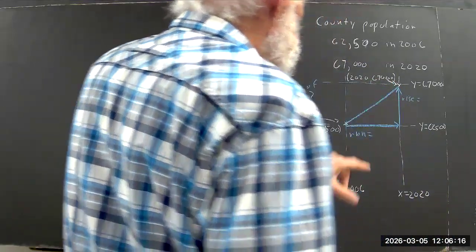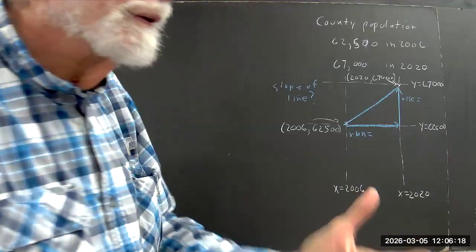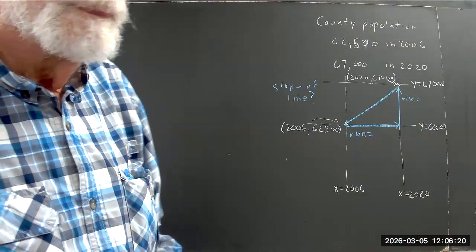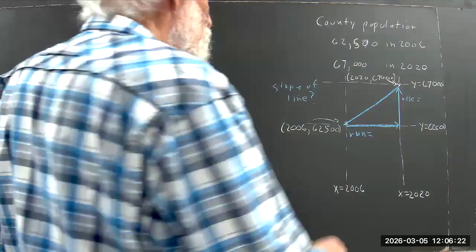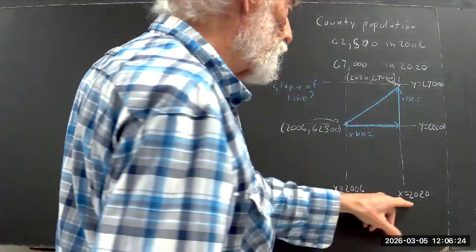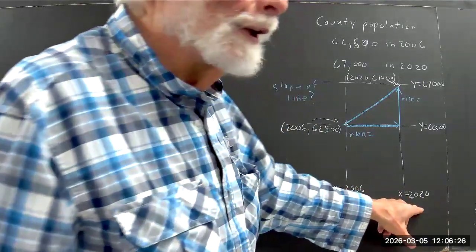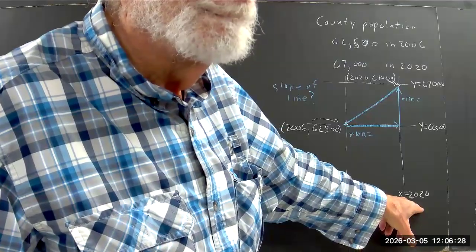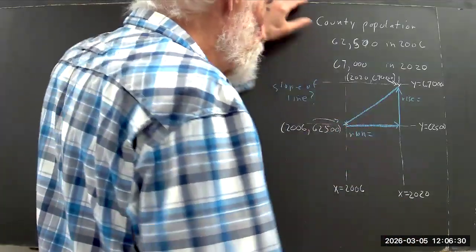You write rise equals, you write run equals. Then you calculate the rise and the run. In this case, you could count the years. From 2006 to 2020 is 14 years, right? So your run is going to be 14, but let's write out the calculation.